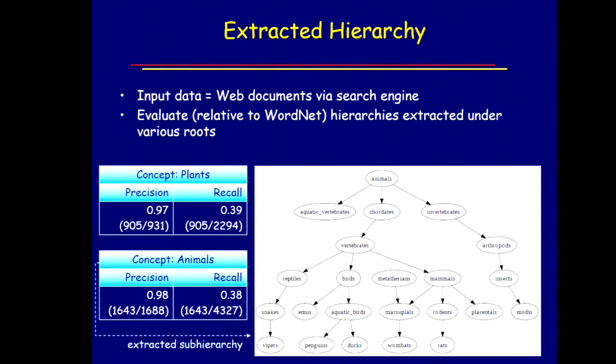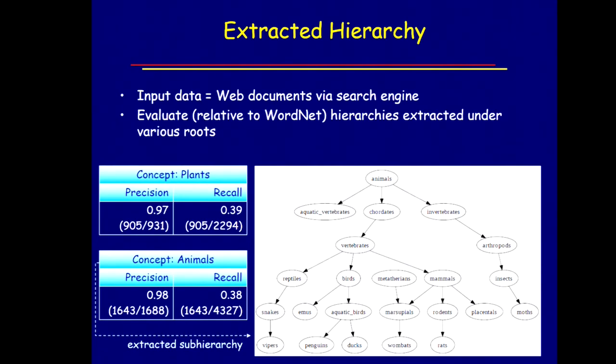This is from the paper. This graph just shows a part of the hierarchy under animals. Because for evaluation they picked a few concepts, animals, plants, and I forgot, I think there were a few more. I don't remember exactly. And then they evaluated against WordNet. In WordNet, these concepts exist, plant and animal.